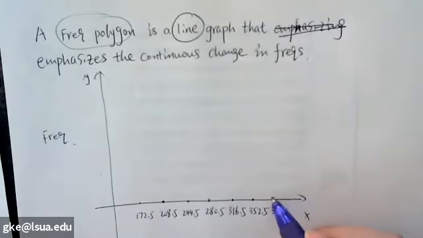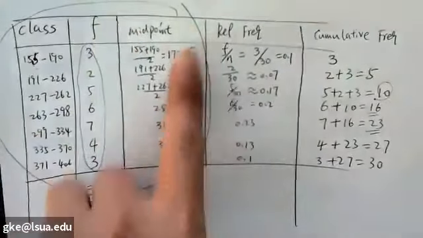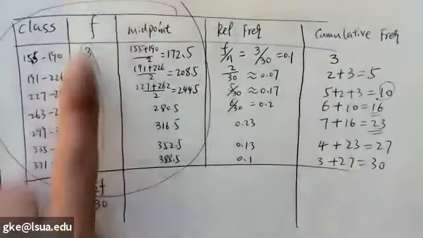So we list all the midpoints, which are the second column of the table, like we did before.